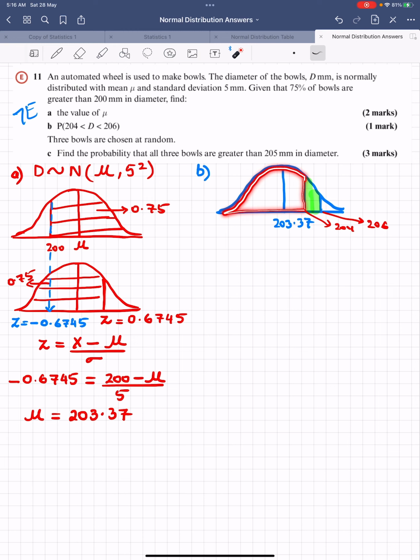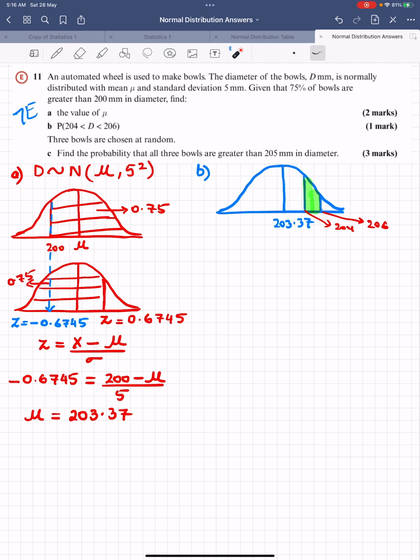So from the total probability to the left of 206, if we subtract the probability for 204, we will be left with the required area.